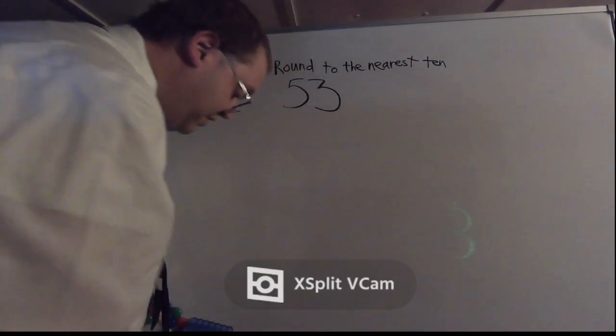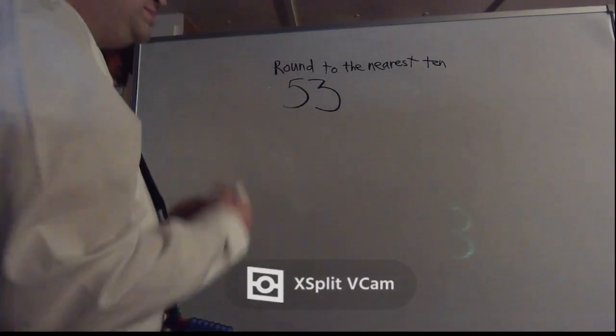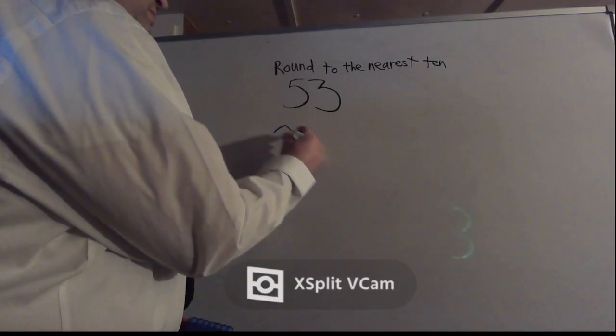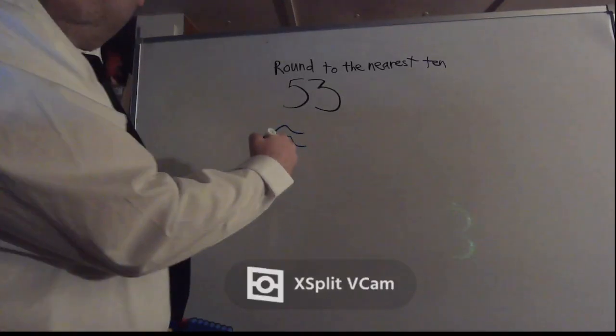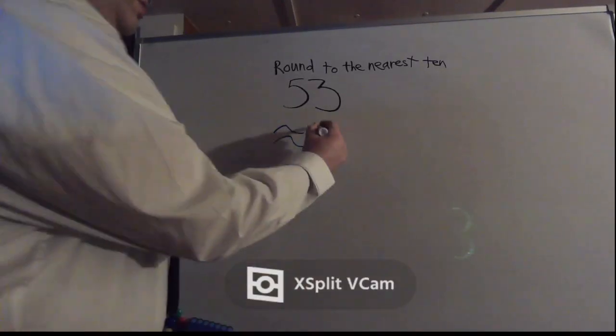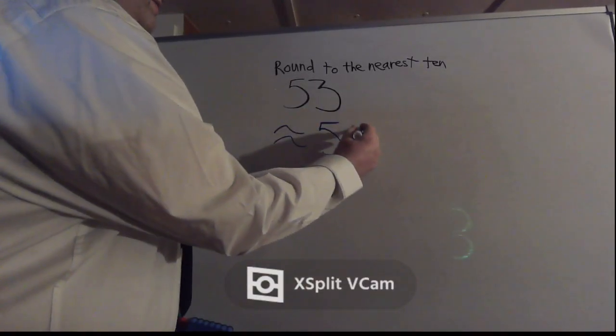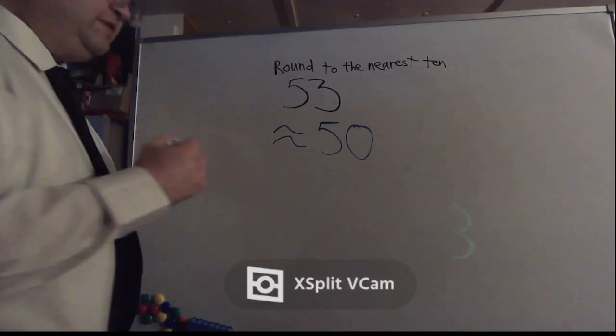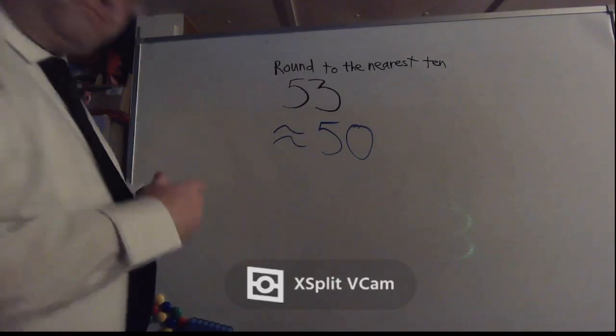If it's 5 or higher, you're going to round up. So that would be approximately equal, and that's what that symbol means, approximately equal to 50. 53 rounds to 50 if you're going to the nearest 10.